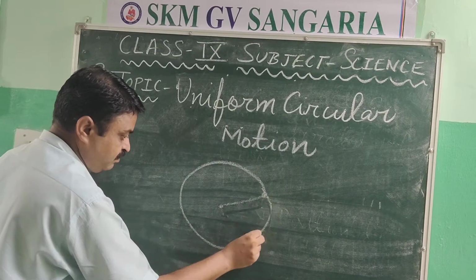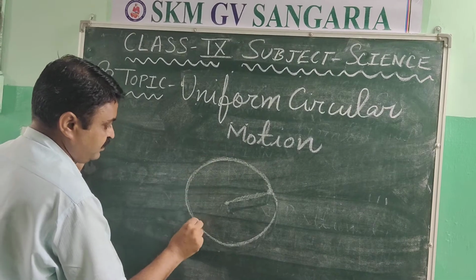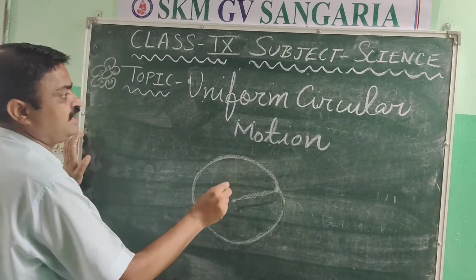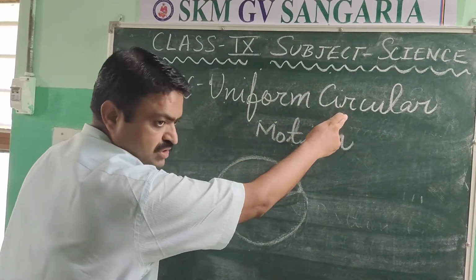If the object moves with constant speed in a circular path, then that is known as uniform circular motion.